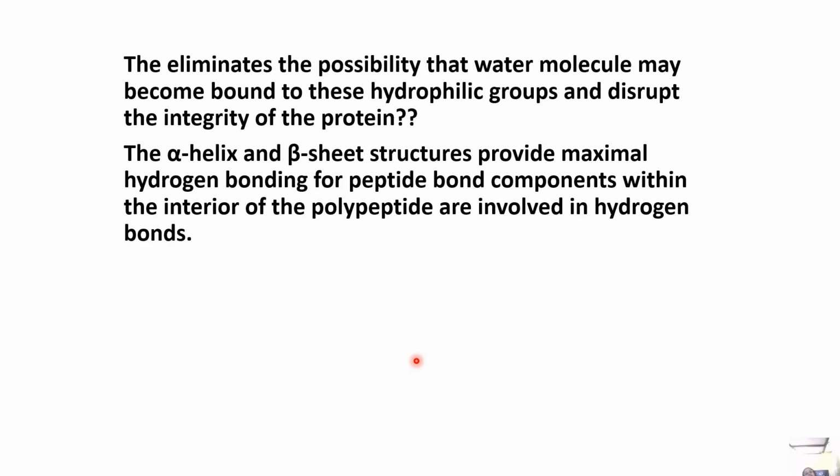This eliminates the possibility that water molecules may become bound to these hydrophilic groups and disrupt the integrity of the protein. So the alpha helix and beta sheet structures provide maximal hydrogen bonding for peptide bond components within the interior of the polypeptide.